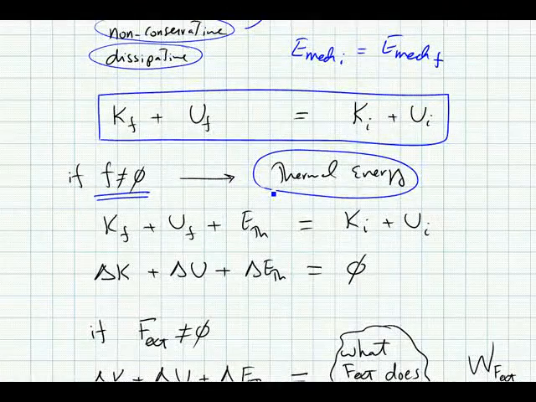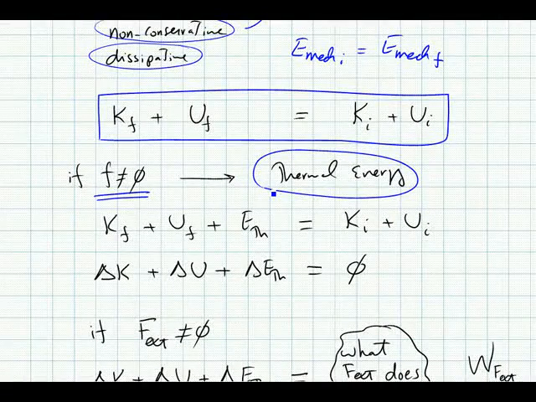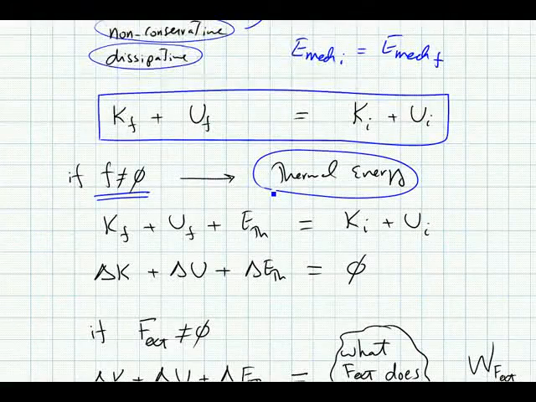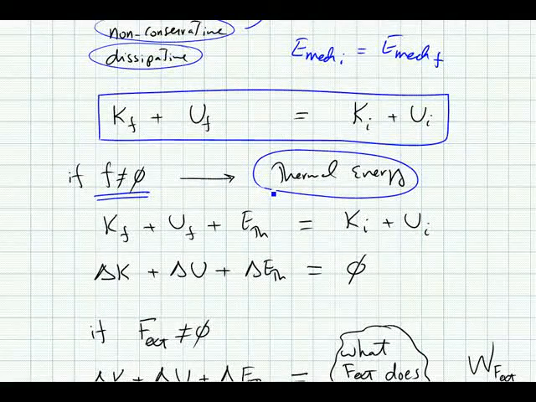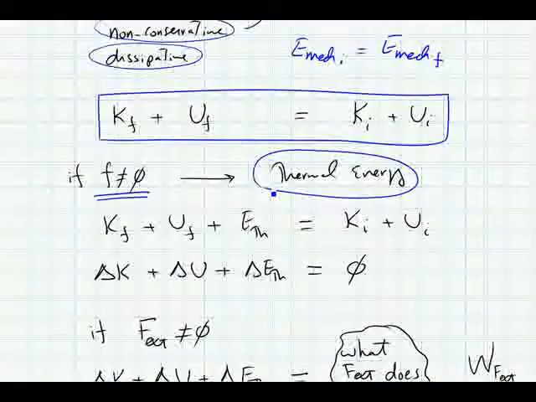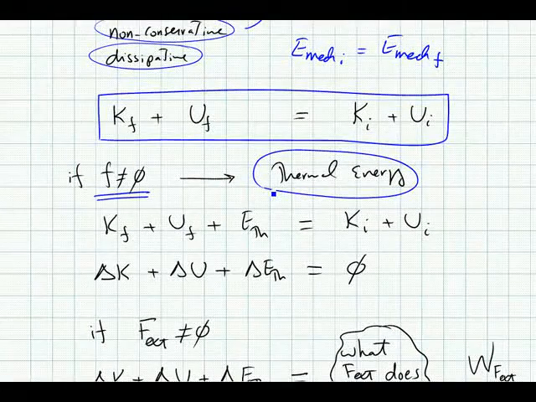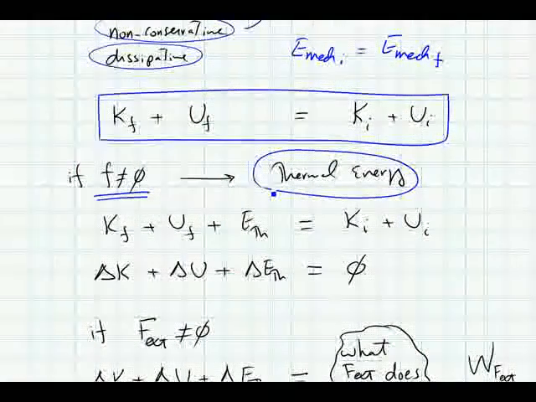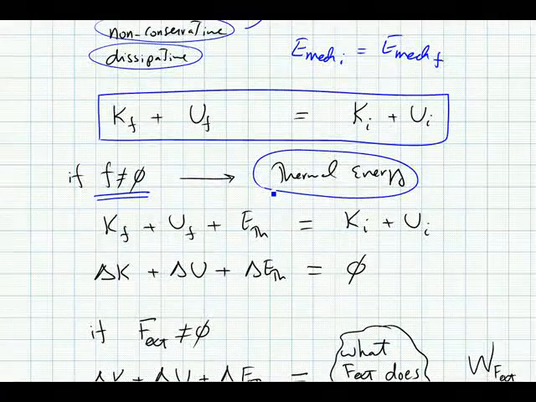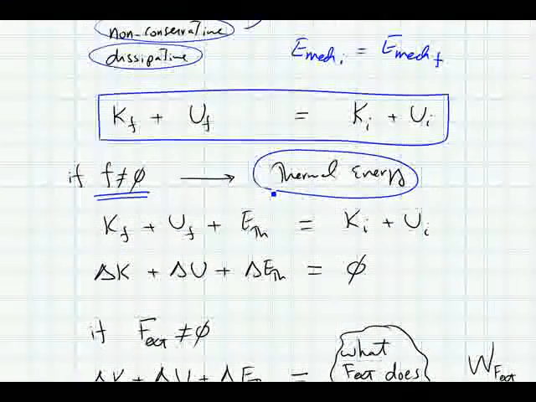I'm sure most of you, or all of you, have experienced an increase in thermal energy when friction is present. You can rub your hands together. The friction between your hands gives rise to an increase in the thermal energy.